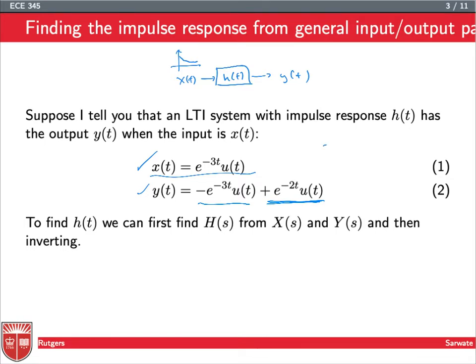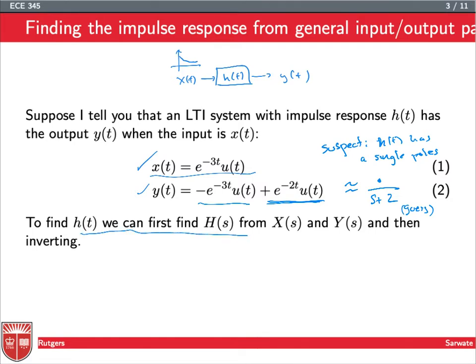So you might suspect that h of t has a single pole, because we've seen a lot of examples where in the time domain you're convolving two decaying exponentials, and you get out this sum of two decaying exponentials. So we kind of suspect that maybe it's something over s plus 2, for example. That's what we would guess. But let's try and find it using math.